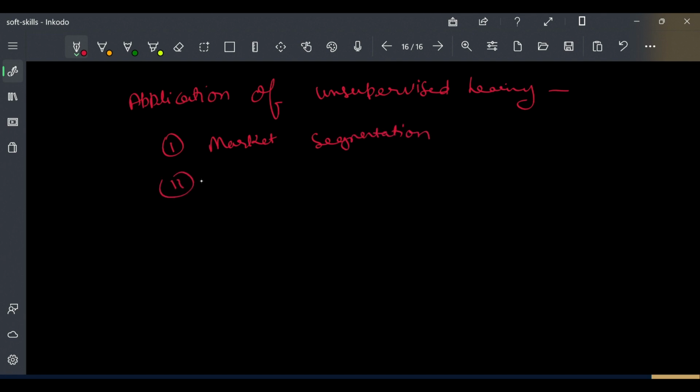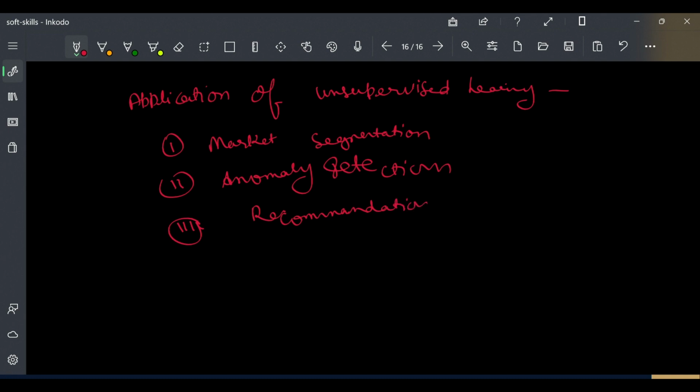Second one is anomaly detection. And third one is recommendation system.